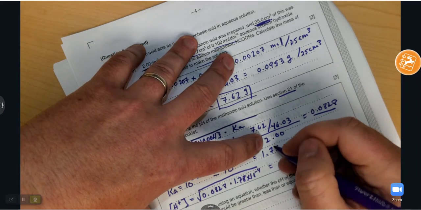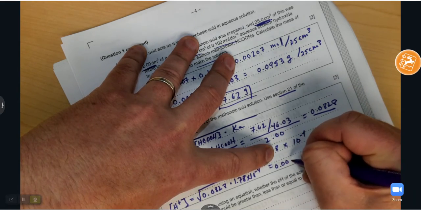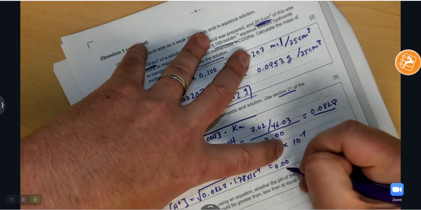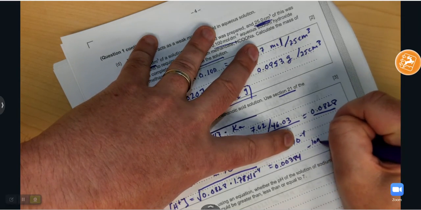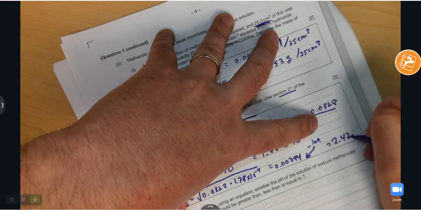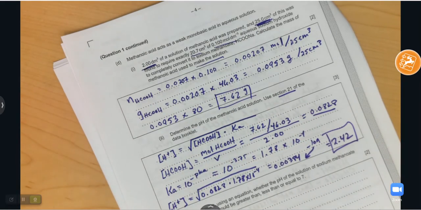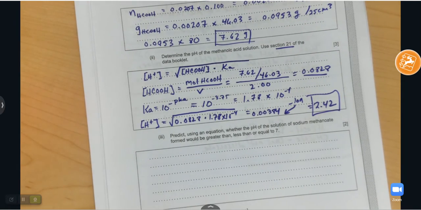When you do that, you get the concentration is 0.00384, if I can read my writing over there. If I take the negative log base 10 of that, it gives me the pH, which is 2.42. Yay.